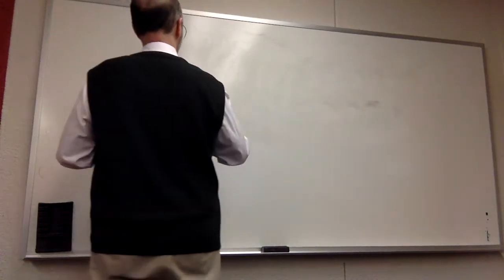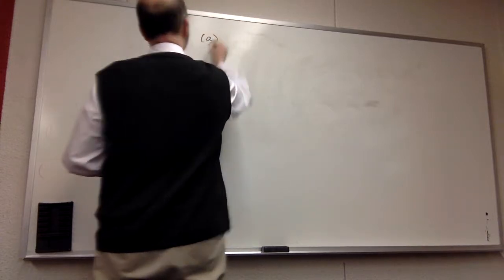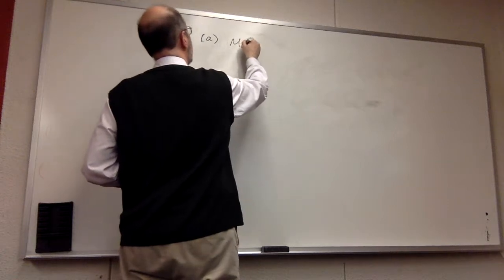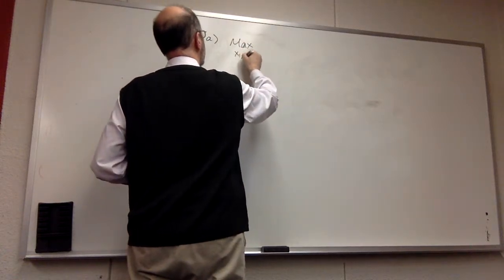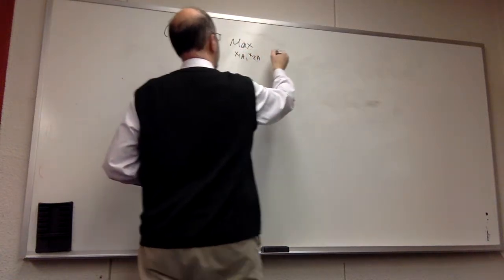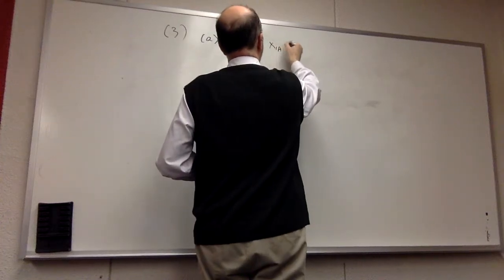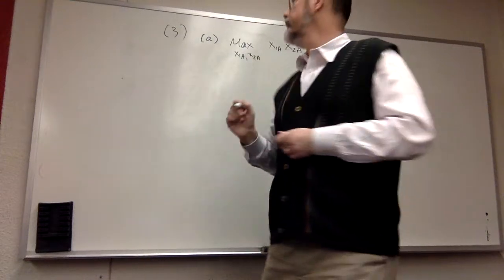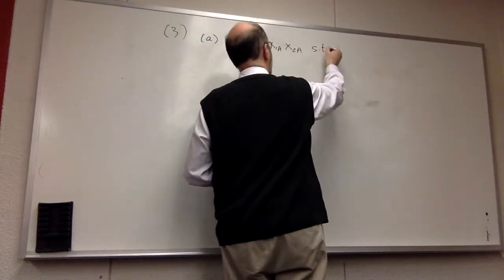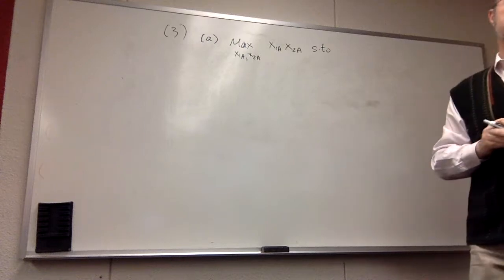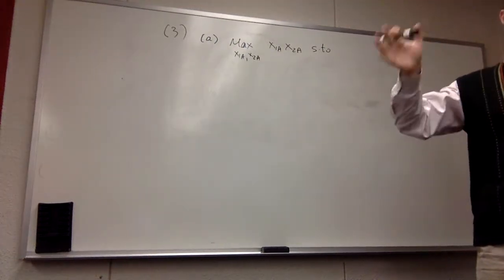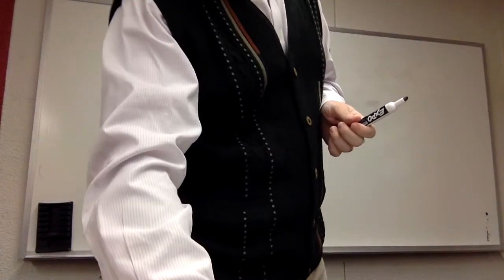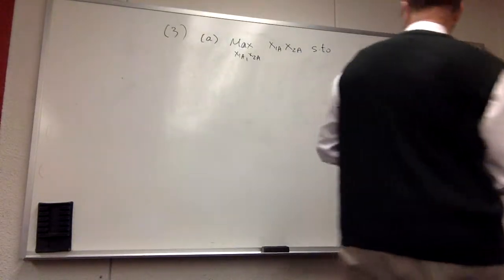So, okay, for part A, you can do it as follows. Maximize by choice of x1a and x2a the product of the two, which is the utility of person A, and you're going to have as a constraint that person B is going to be at some arbitrarily selected utility level, yeah?